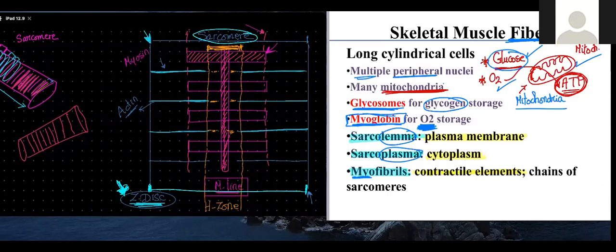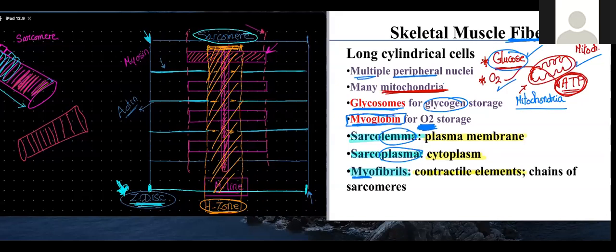The zone that is formed only of thick filaments, without having thin filaments alternating with, so all this part on here, is going to be my H zone. So all this part in the middle of the thick filaments, the dark band of the thick filaments, we call my H zone.